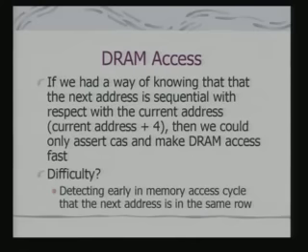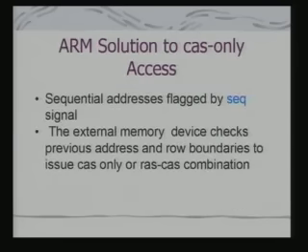And for that, the sequential signal, SEQ signal, which comes out of the ARM, is an ideal source of that information. So, sequential addresses are flagged by the SEQ signal which comes out of the ARM. The external memory device checks the previous address and row boundaries to issue CAS only or a RAS CAS combination.